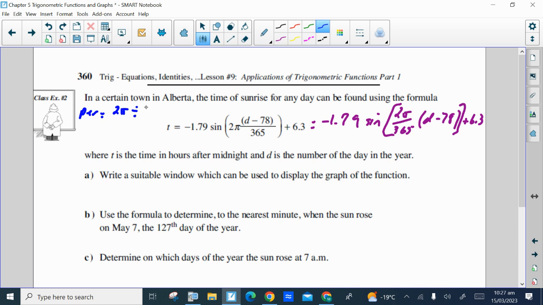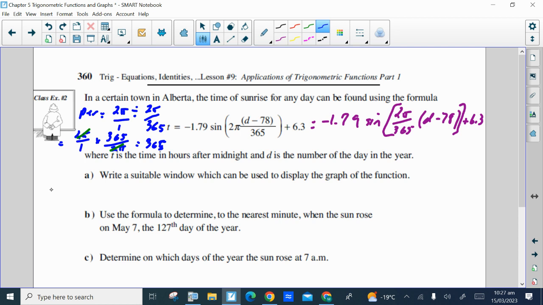So you're going to divide by 2 pi over 365. And to divide by a fraction, you multiply by the reciprocal. So you're going to multiply by 365 over 2 pi, and the 2 pi's will cancel, and you're just left with 365. Which makes sense because that's how many days there are in a year. So it makes sense that that would be the period.